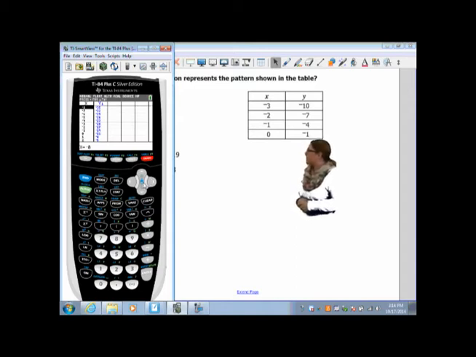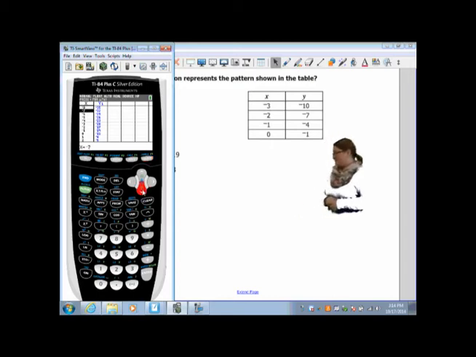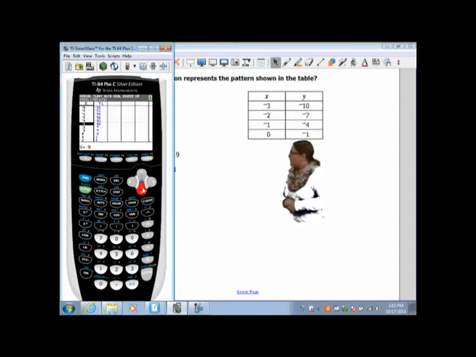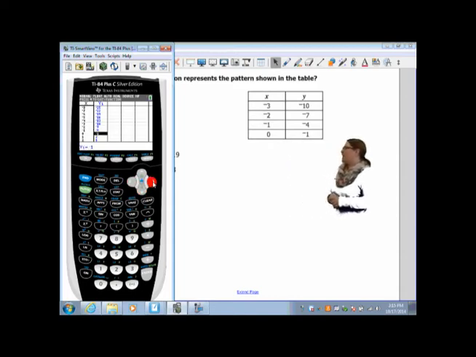So we're going to check negative 3, so we have negative 3, negative 10, negative 2, negative 7, negative 1, negative 4, and 0, negative 1. Now that all of our values match, we know we have the correct equation.